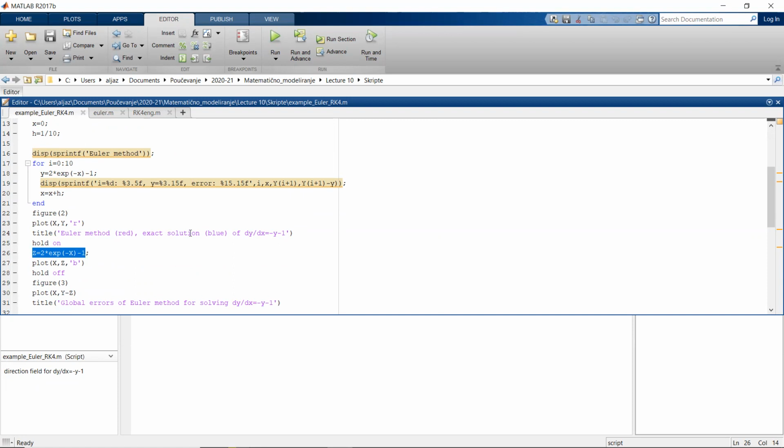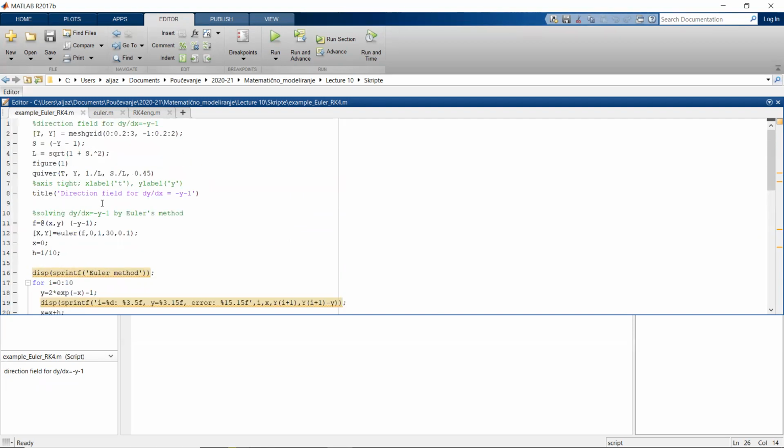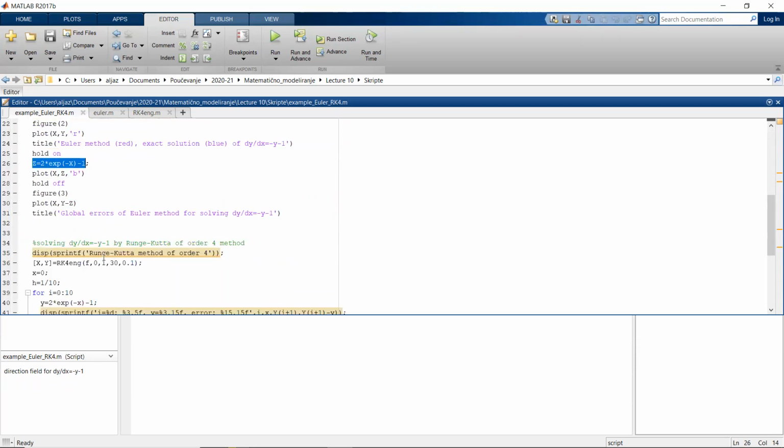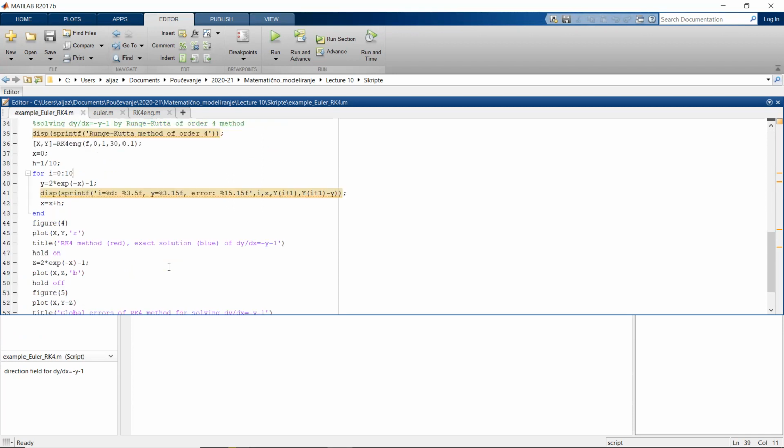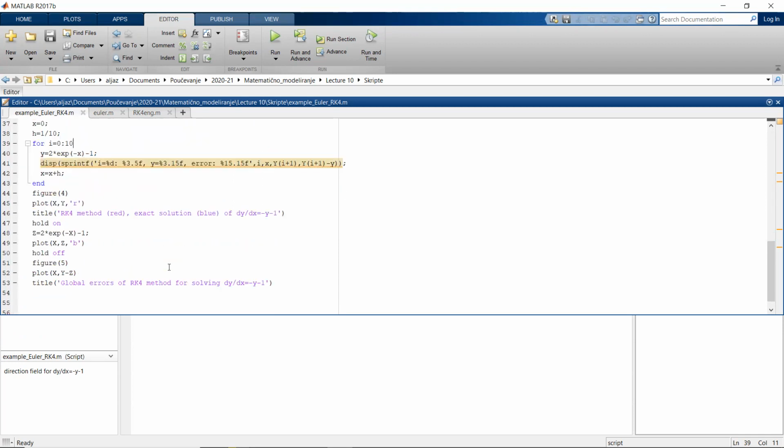You know how to solve it analytically. And here I will show you the approximation using Euler's method once, and then the approximation using the Runge-Kutta method once. And we will see that the Runge-Kutta method is much more accurate.